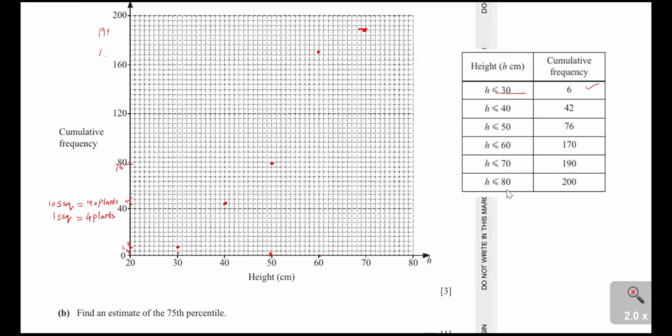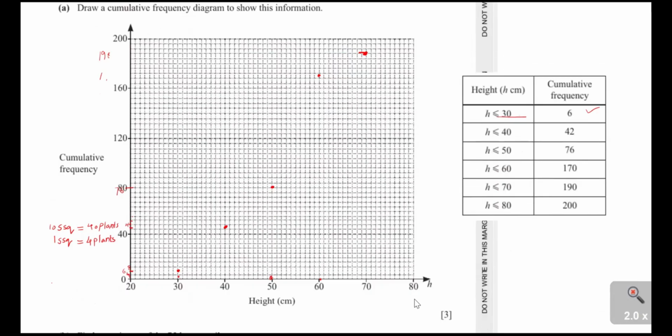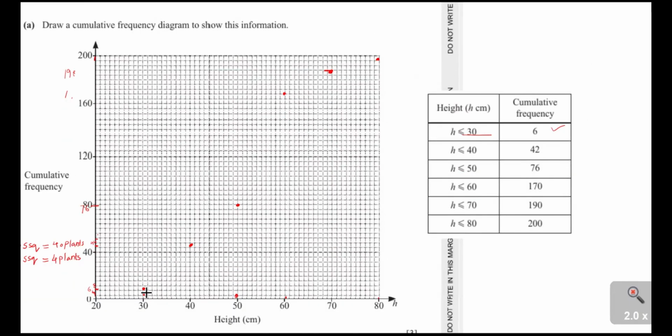Last, h is equal to 80 and cumulative frequency is 200. Look here, this is 80 and this is 200. We will draw a horizontal line from this and a vertical line from 80. Both meet at position 80 and 200. Look here, this is 30 and 6, and we will mark 20.